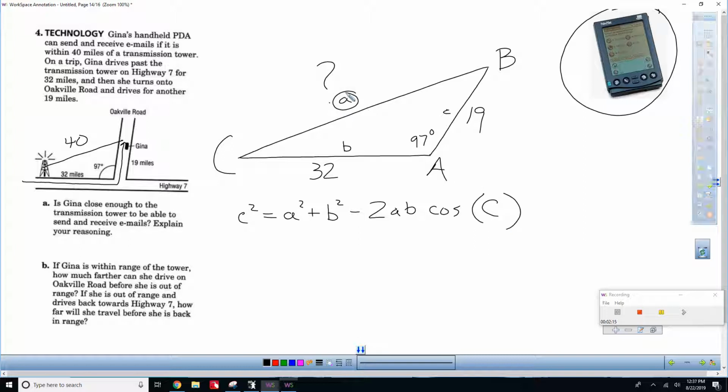That's what we want. So we're going to call that a squared equals, and we know what b and c are, so we really switch the a and the c. I hope you're comfortable with doing this. If not, just come see me.